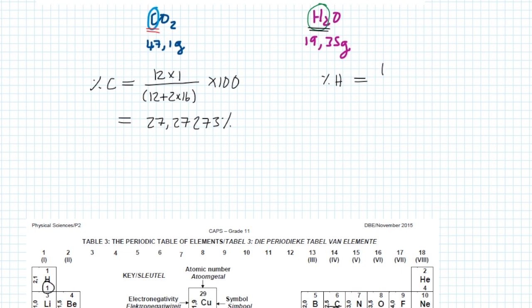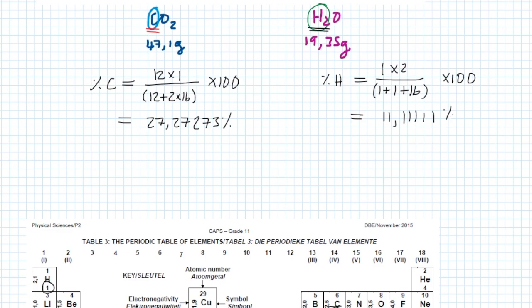There are 2 hydrogens in water, so we say times 2, divided by the molecular mass of water, which is 1 plus 1 because there are 2 hydrogens, plus 16, which is the mass of oxygen. So we say 2 divided by 18, and then we multiply by 100. This gives us a percentage of 11,11111. Remember, we only round off right at the end of the question.